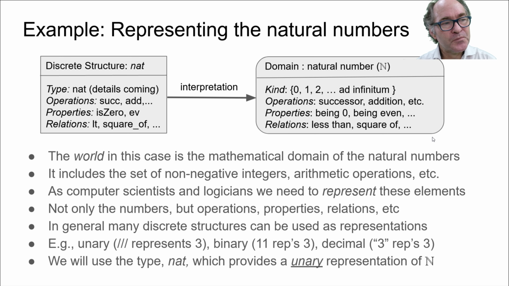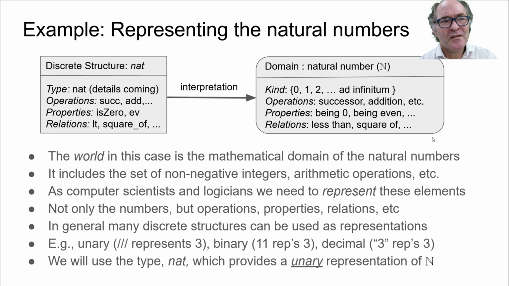Going back to the left-hand side, we have the discrete structure that we'll call NAT, which comprises a type, NAT, and a set of operations like successor: given a NAT, give me one more than the NAT. And addition: given two of these numerals, compute the numeral that represents the sum of the numbers that the given numerals represent.